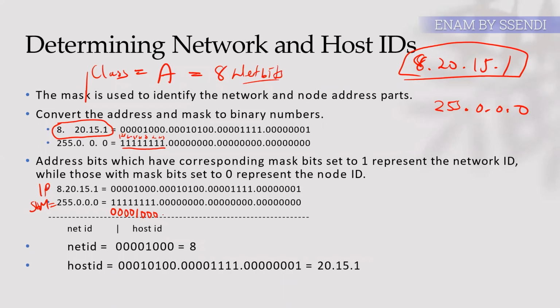The rest are completely 0 up to the end. Now, if we are to convert this into binary, what shall we have?